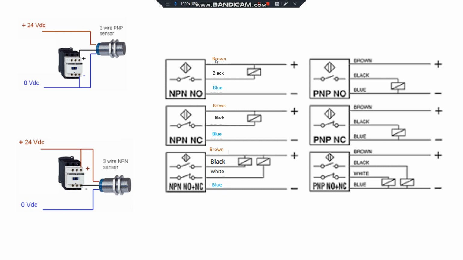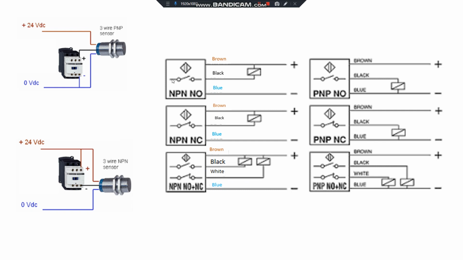For all the options, there are brown, black, blue, and in addition there is a white cable. The brown cable is for the 24-volt DC, and the blue cable is for the 0 volt, and the black cable and white cable are outputs. Black cable for normally open, white cable for normally close.